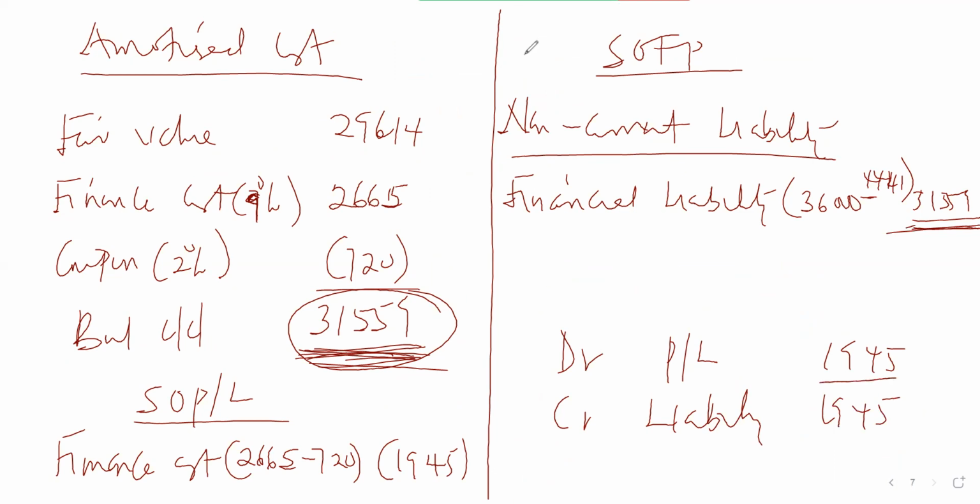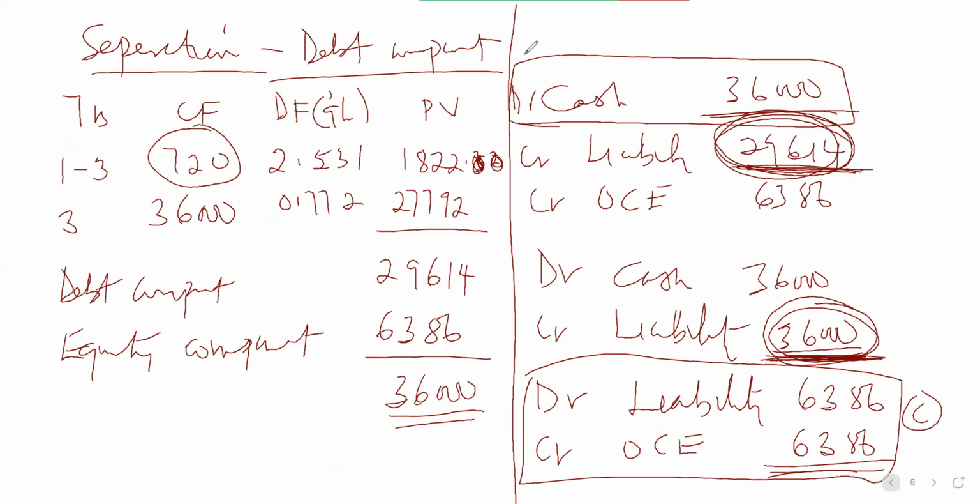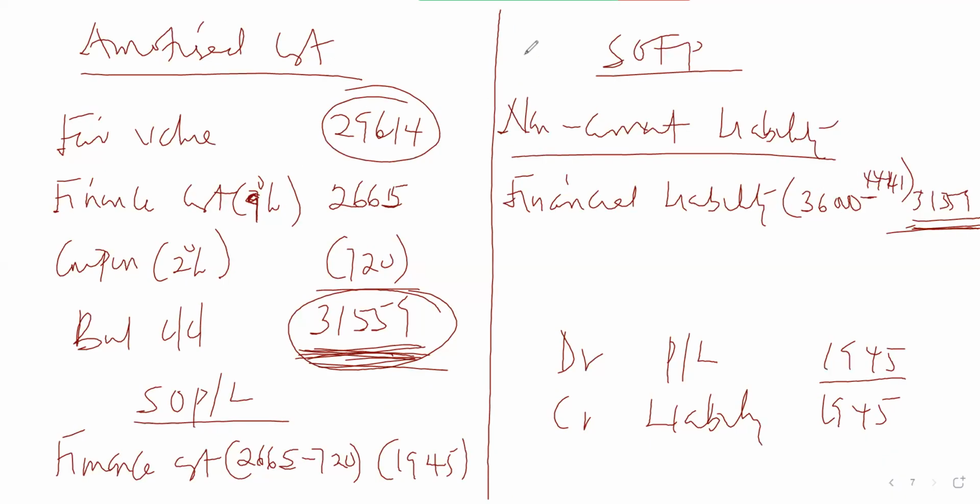So add the 1945 to the liability that we have, 12,614, and see whether you are going to get 31,559. Yes, you get 31,559. So that is the entry.